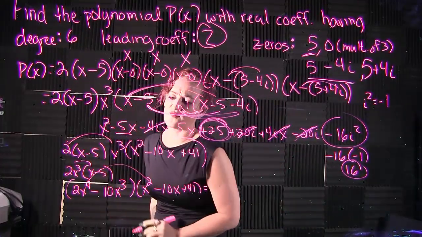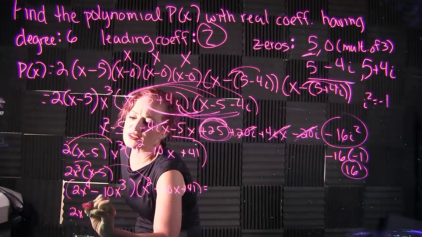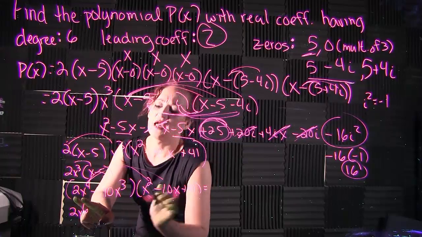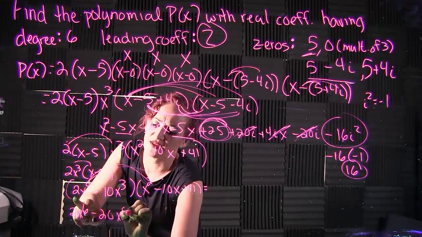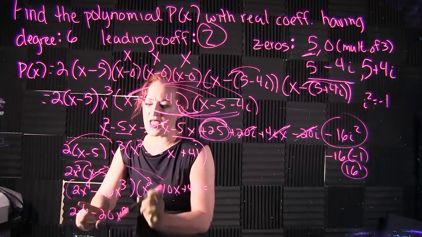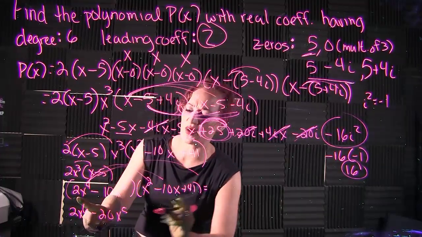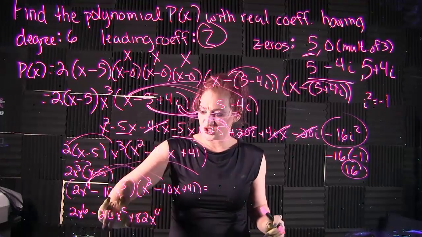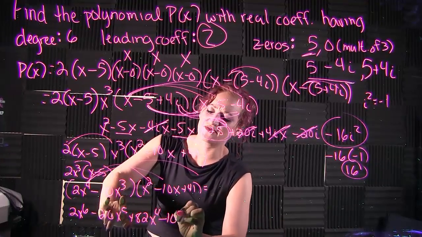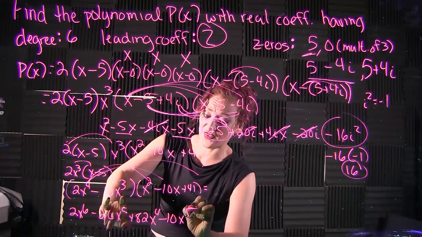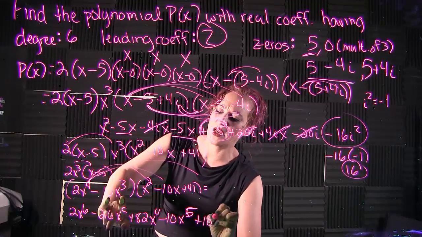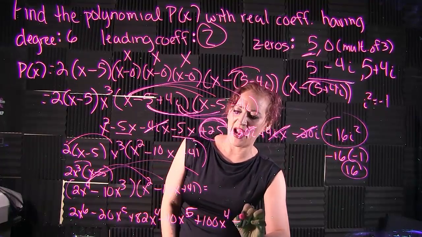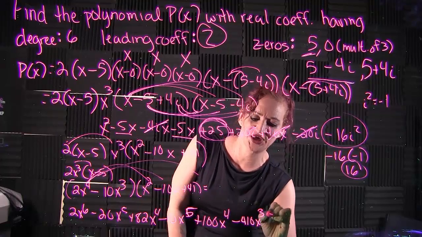2x to the 4th times x squared gives us 2x to the 6th. 2x to the 4th times negative 10x gives us a negative 20x to the 5th. And then we have 2x to the 4th times 41, which gives us 82x to the 4th. Distribute the negative 10x to get negative 10x to the 5th plus 100x to the 4th. And then what do we get here? Minus 410x cubed.